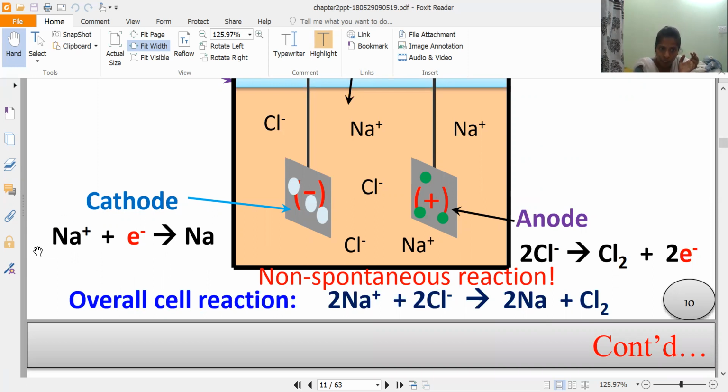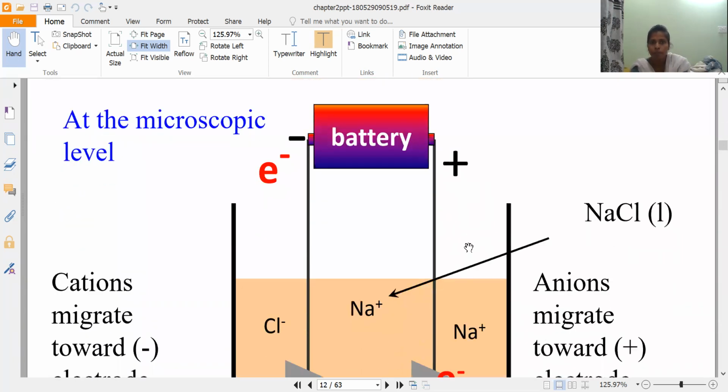When you multiply with 2, 2Na+, 2Cl-, 2Na. So this 2e-, this 2e- will get cancelled with each other. 2 electrons get cancelled with each other. So now we can add the reactants, 2Na+ plus 2Cl-, giving rise to 2Na plus Cl2. This is the overall reaction.